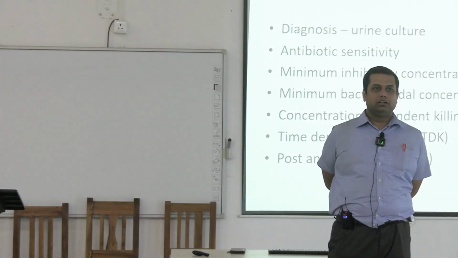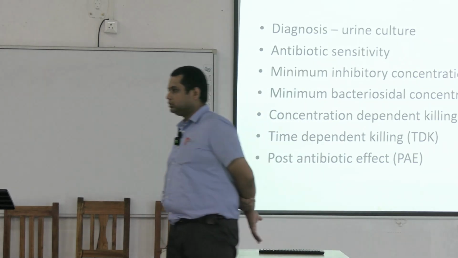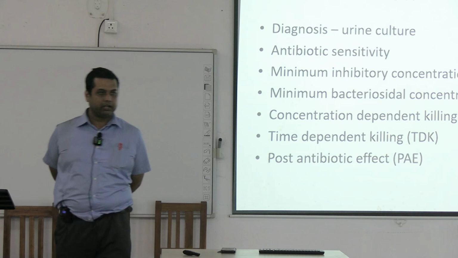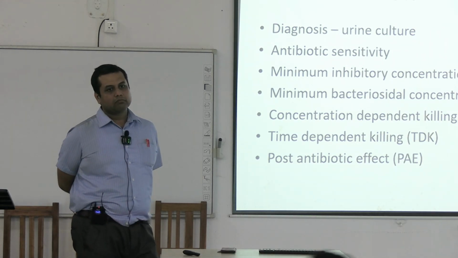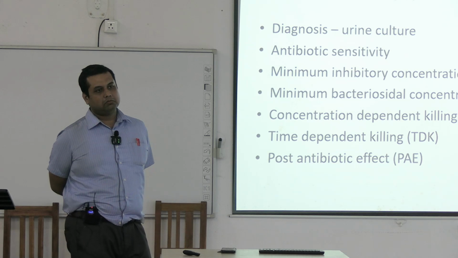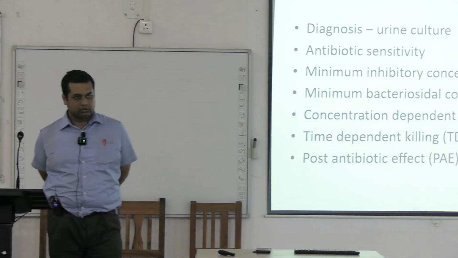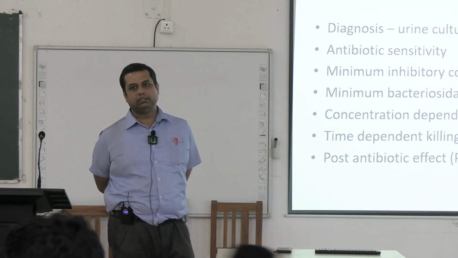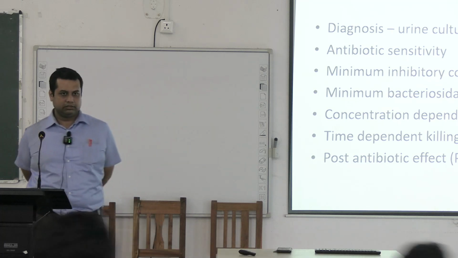The bacterial growth is in the urinary tract, so the concentration of this antibiotic should be adequate in the urinary tract. Suppose the antibiotic gets metabolized in the liver and does not concentrate properly in the urinary tract, it will be useless. Similarly, if you have some infection in the CSF, that concentration must be adequate in the CSF.